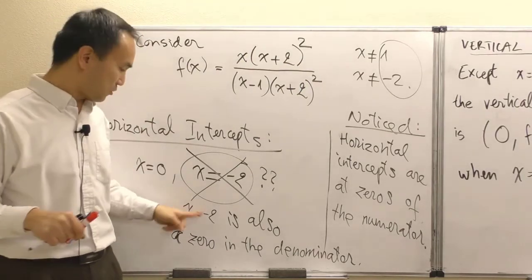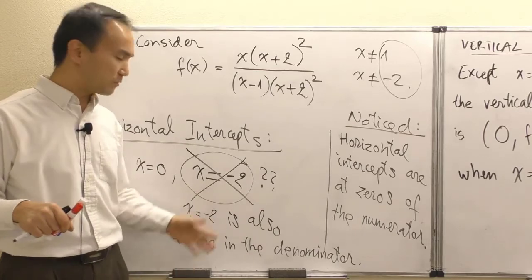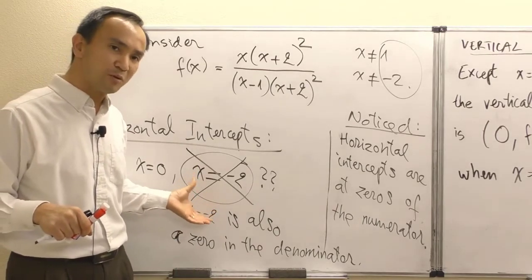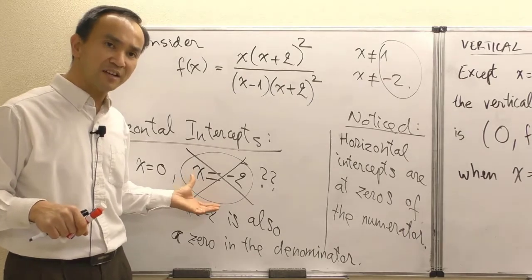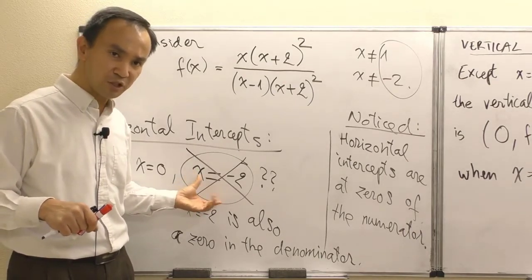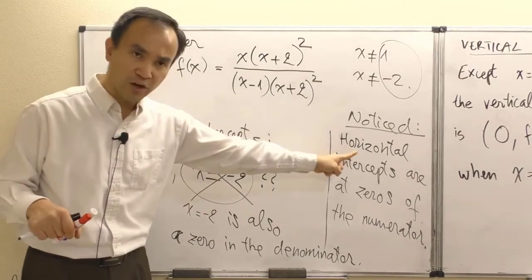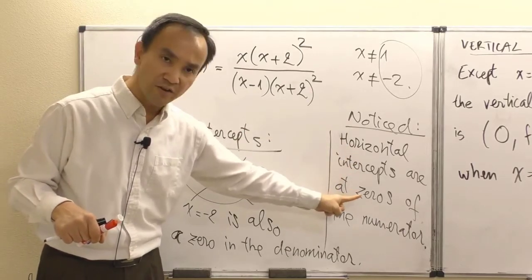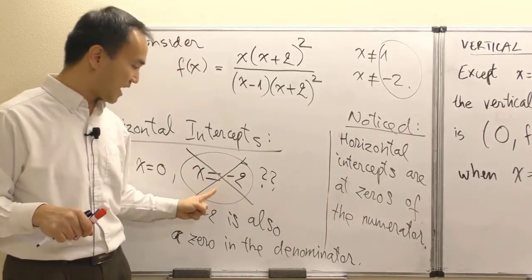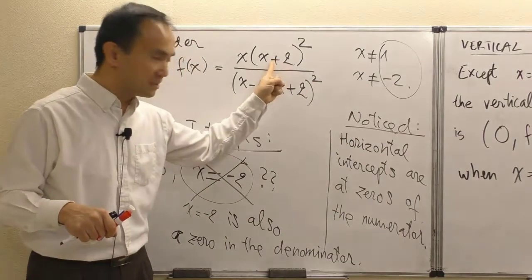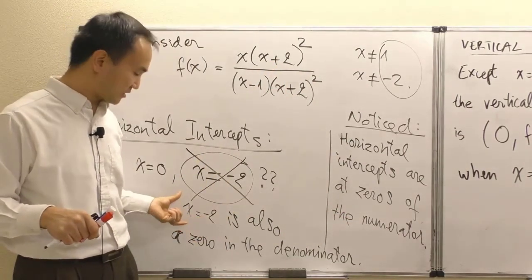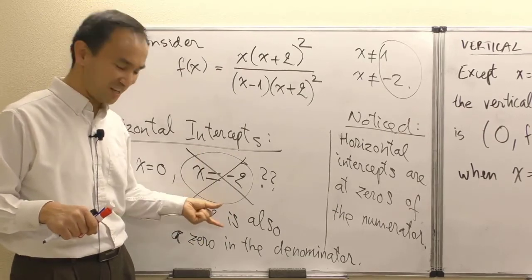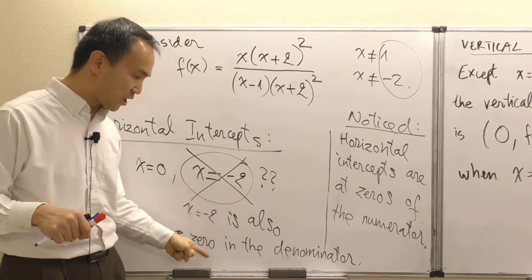So the only thing to blame for why we don't have a horizontal intercept at x equals negative 2, even though it was a 0 of the numerator, is that we had to cross it out. That's simply because x equals negative 2, once again, is also a 0 in the denominator.